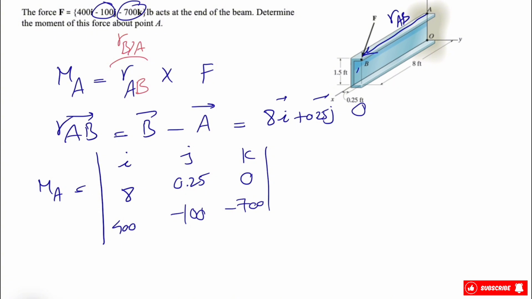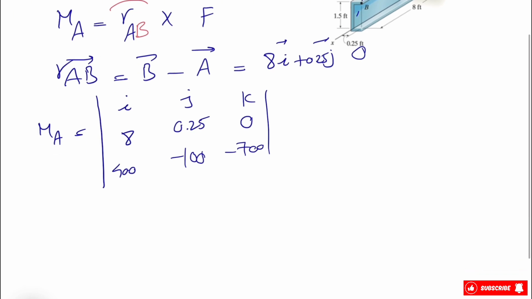The rest of this is solving this determinant. For that, for I, we're just going to isolate the I column. What we have in here is multiplying these two minus multiplying these two.